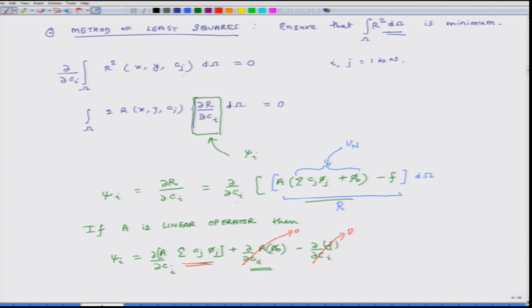So, the next thing you should look at is that this term will be basically del over del Ci of A of, let us say, C1 phi1 plus C2 phi2 and so on, going on till Cn phi n.